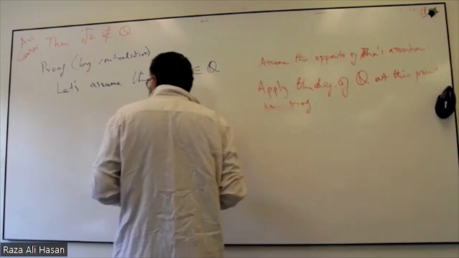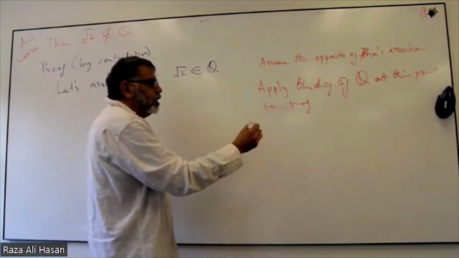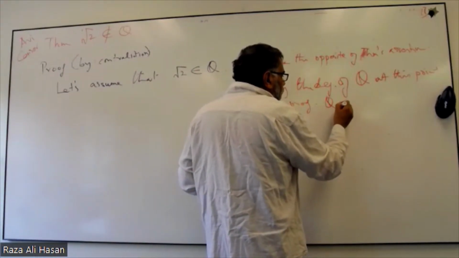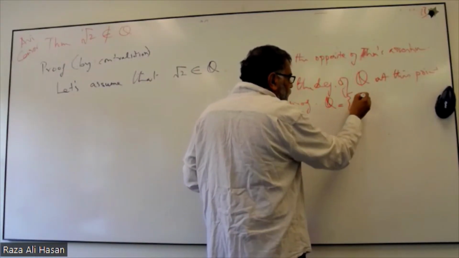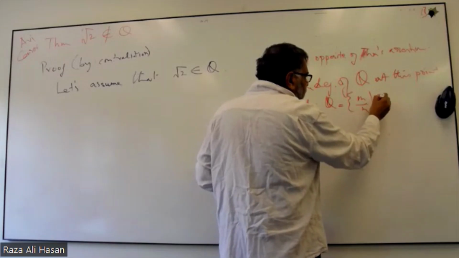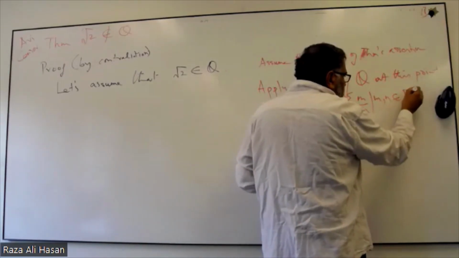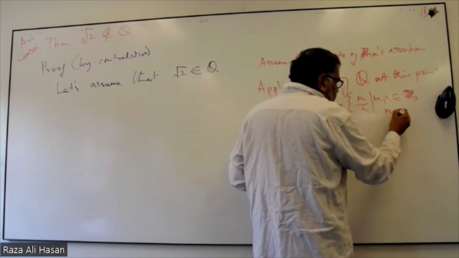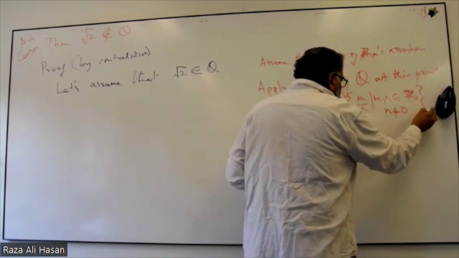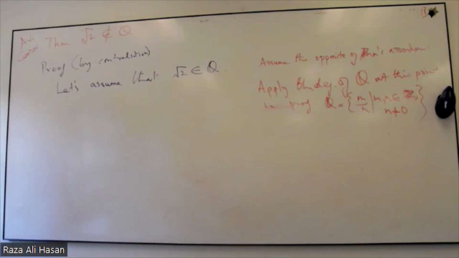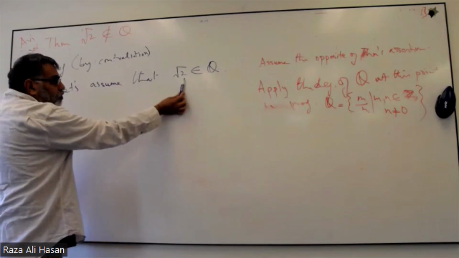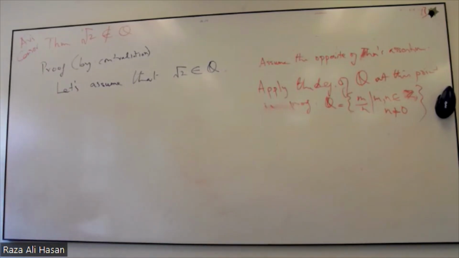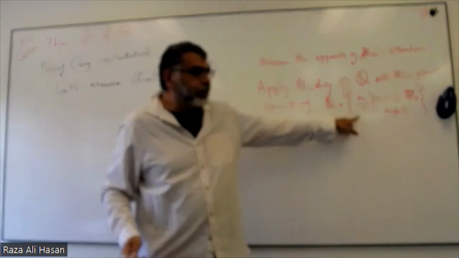Okay. So everybody remembers the definition of Q: rational numbers are m over n such that m and n belong to the integers where n is not equal to 0. All right, so if this is a rational number, it should look like that.